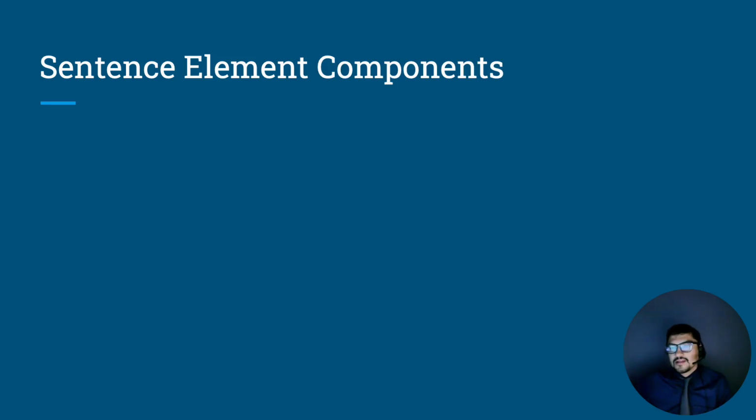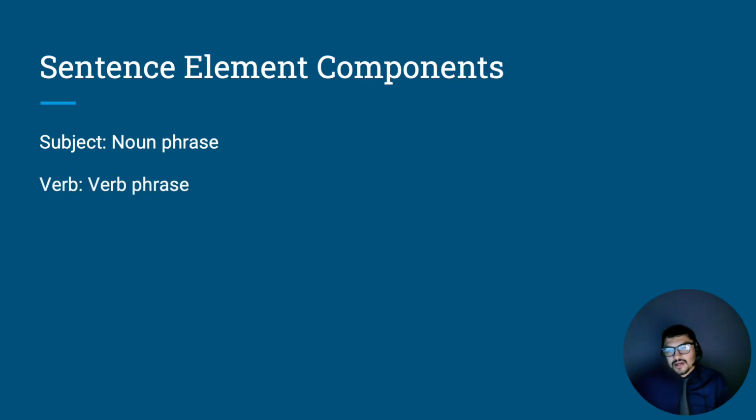All right, so let's take a look at what kind of phrases we can use with each sentence element. So for the subject, we can only use a noun phrase. And if you think about it, this is very reasonable, as the subject has to be a person or a thing, and those are of course nouns.